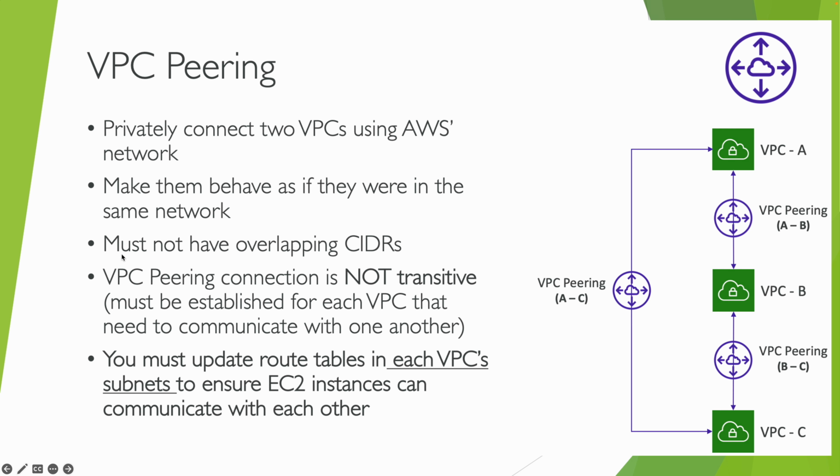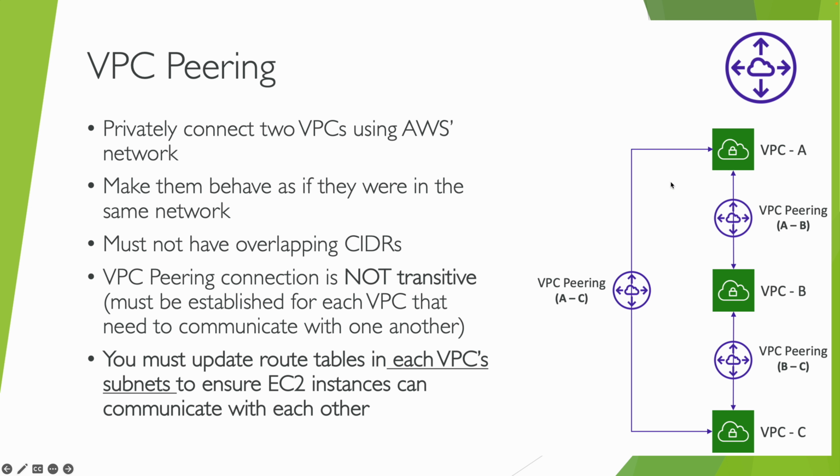They must not have overlapping CIDRs. For each VPC we give a CIDR, like the 10.0.0.0/16 we gave for the VPC we created. Those CIDR blocks must not overlap, because otherwise there would be the same IPs in the two VPCs.